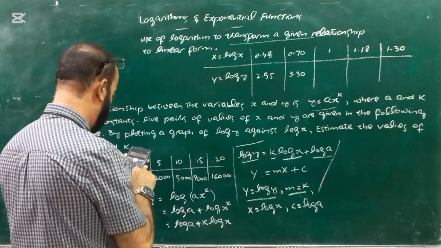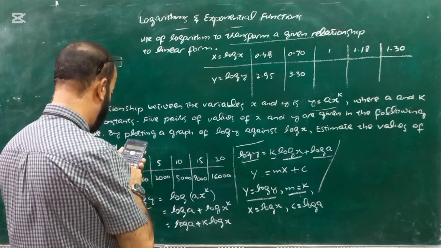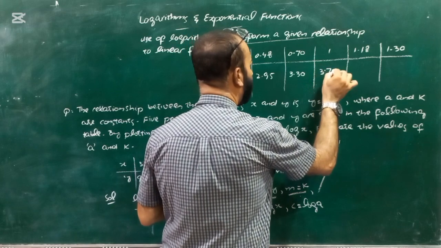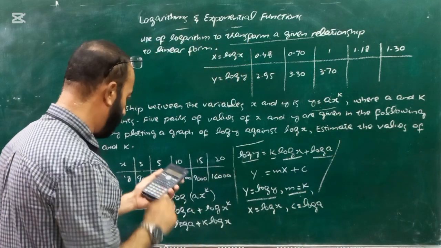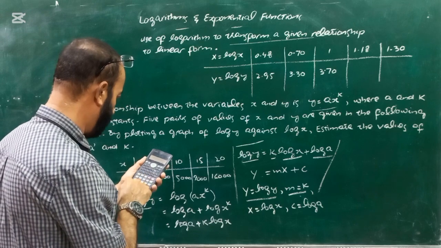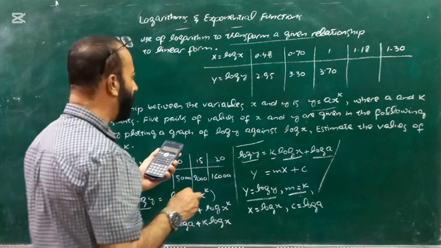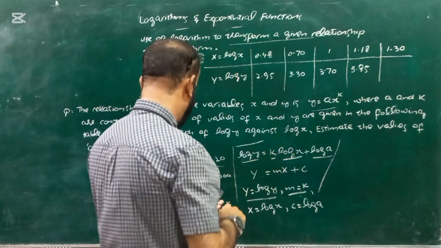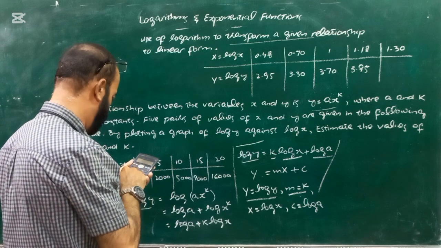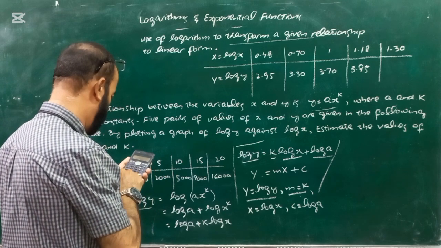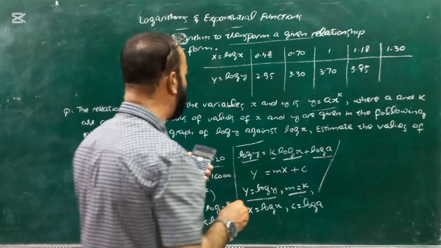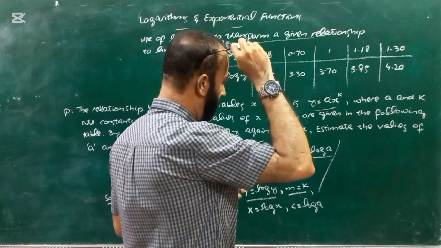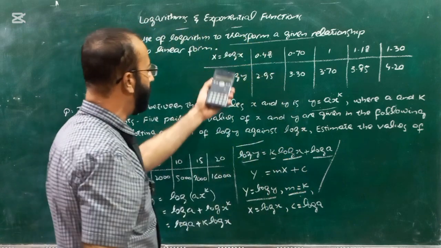Next is log of 5000, this is 3.70. Next is log of 9000, this is 3.95. And the last one is log of 16,000, this will be 4.20. So we now have a table of values of log of x and log of y.